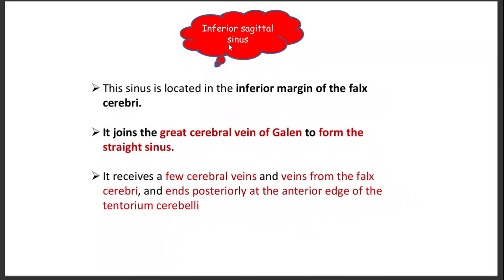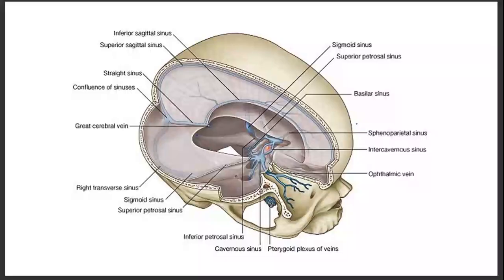falx cerebri. The inferior sagittal sinus is on the inferior margin of the falx cerebri, and it joins the great cerebral vein of Galen to form the straight sinus. Take note of that. This is the inferior. They'll actually ask you what forms the straight sinus. It is the great cerebral vein of Galen and the inferior sagittal sinus.